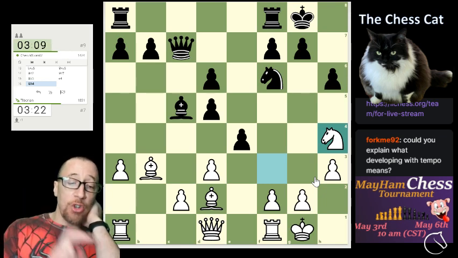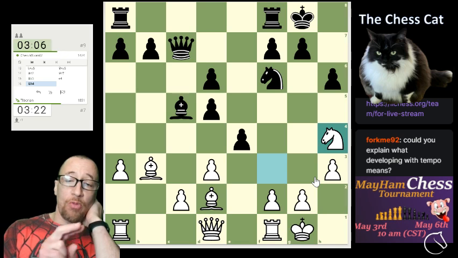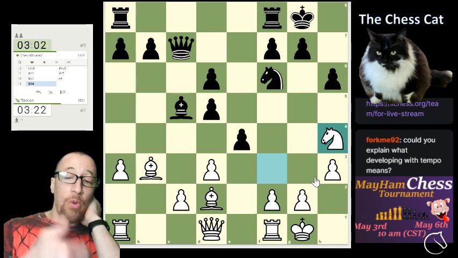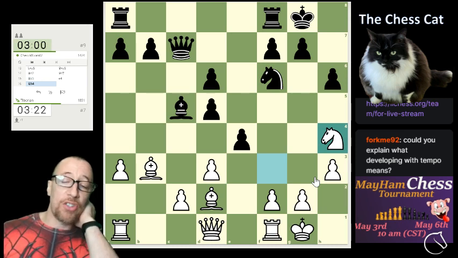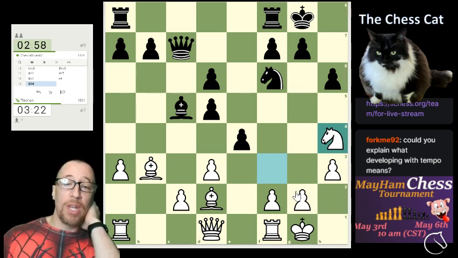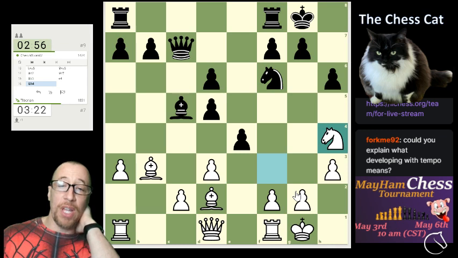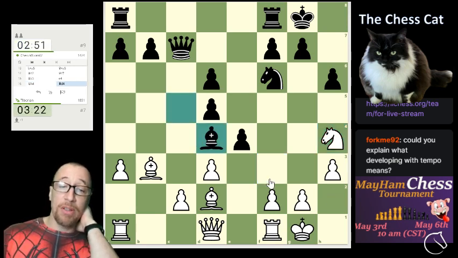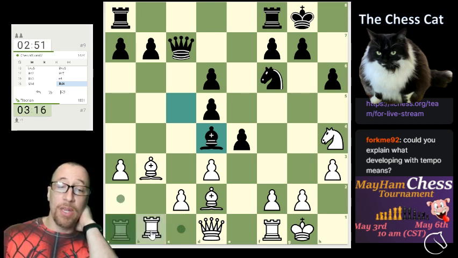So he got to develop two pieces usually while you're still repositioning your queen. Okay, so that's developing with tempo. We try never to let our opponents develop with tempo because it just gives them speed of development. And remember, the name of the game is develop with speed, develop with tempo.